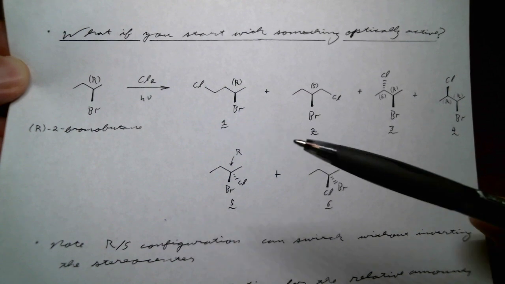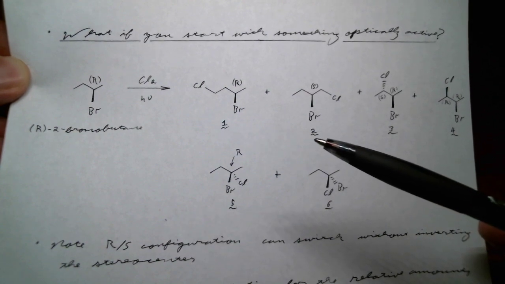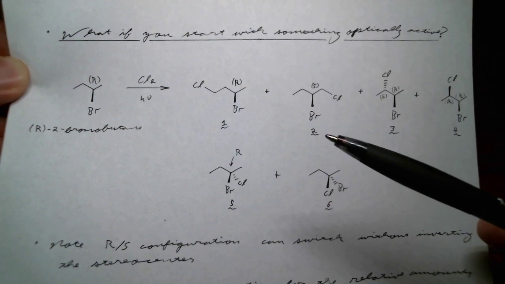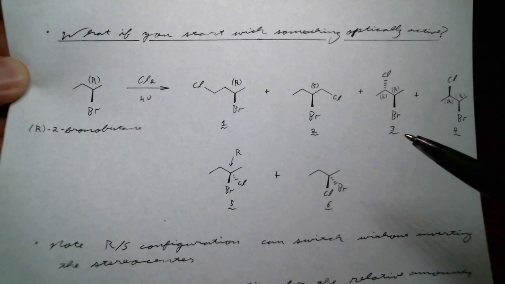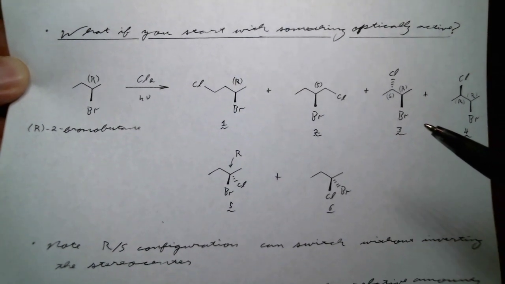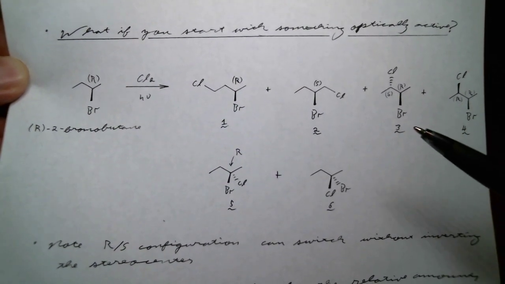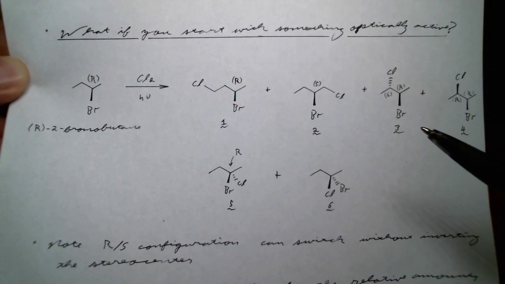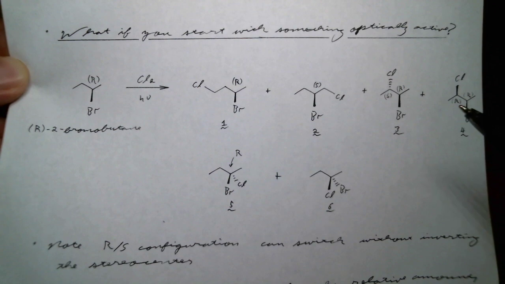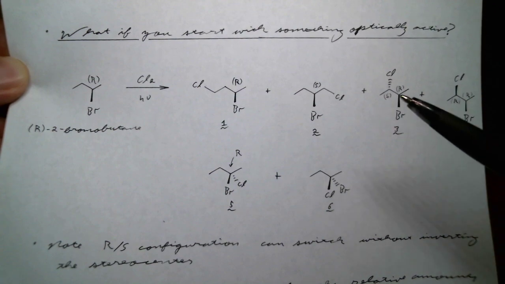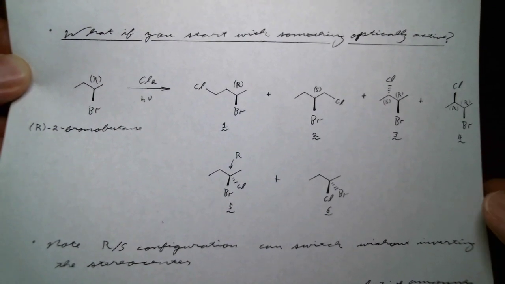We said compounds 1 and 2 were constitutional isomers. They aren't really stereoisomers. However, compounds 3 and 4 are stereoisomers. They're molecules whose atoms have the same connectivity but a different orientation in space, and so we had to decide how to classify the RR and the SR, and they are diastereomers.